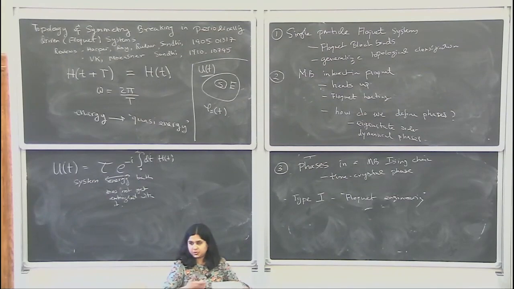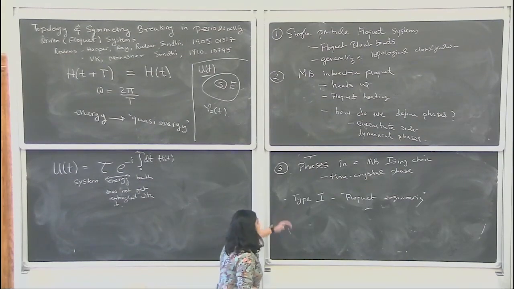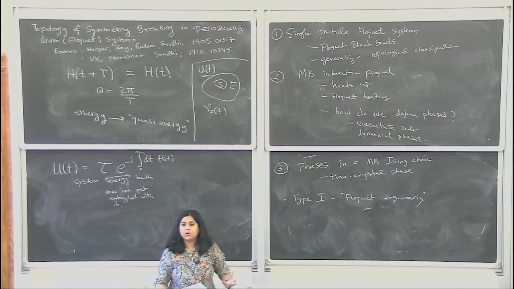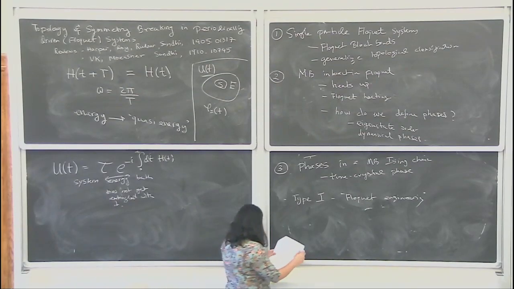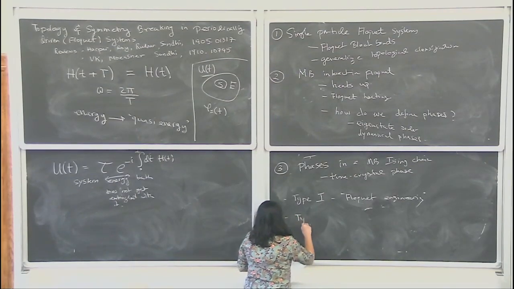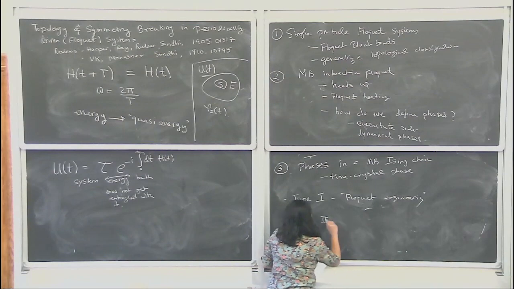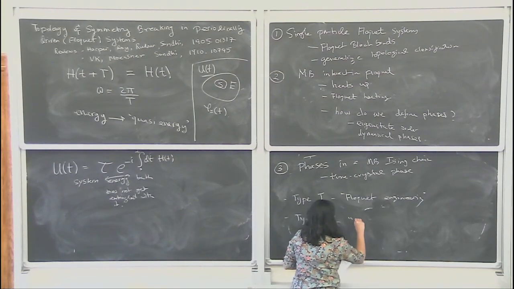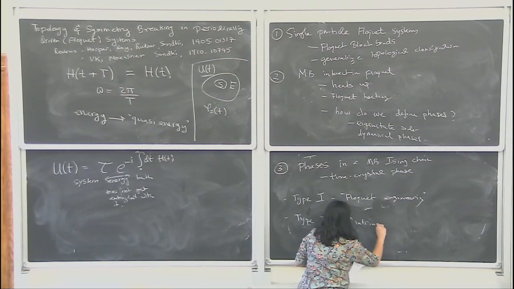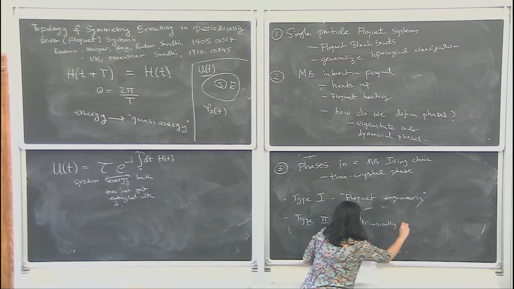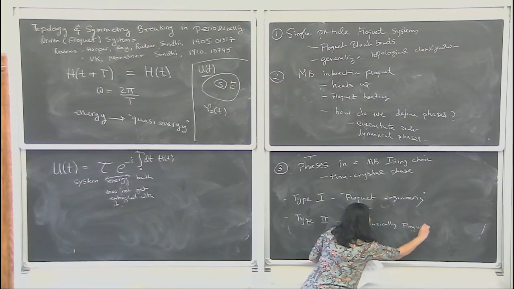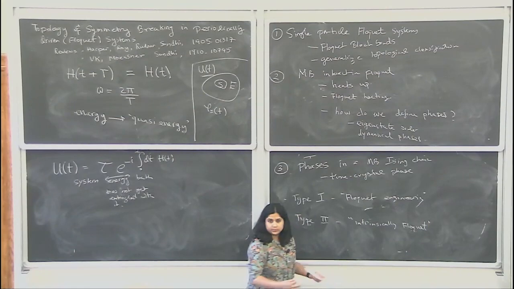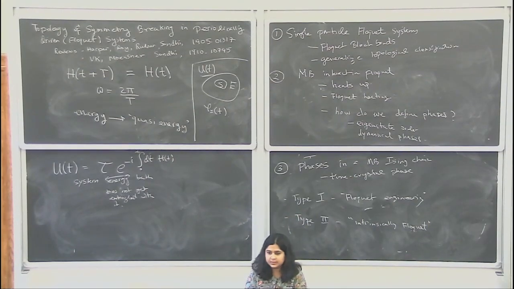But then you can drive it in some special sequence and get the kind of band structure or topology that you may want. But the thing that we'll focus on more are type 2 Floquet phases, which are, if you will, intrinsically Floquet. And these have no static analog. So that's the plan.